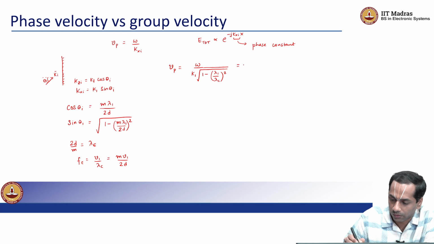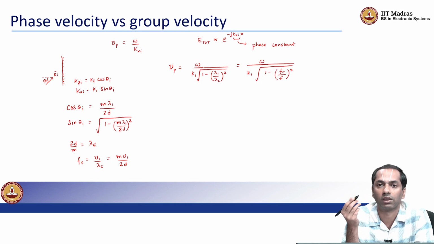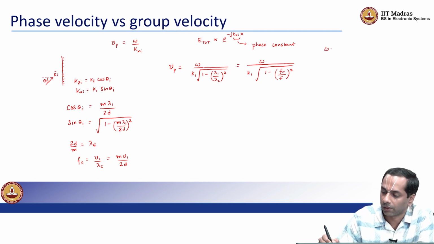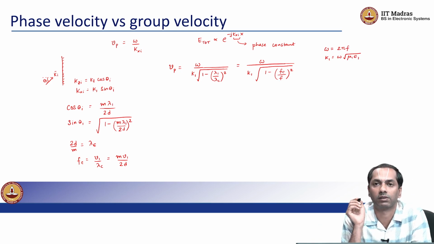This is also equal to omega by k1 times the square root of 1 minus fc by f whole square. Lambda and f are inversely related, so the cutoff frequency goes up. Let's not forget omega is 2 pi f, and k1 is omega square root of mu1 epsilon 1. So don't forget all these relations.